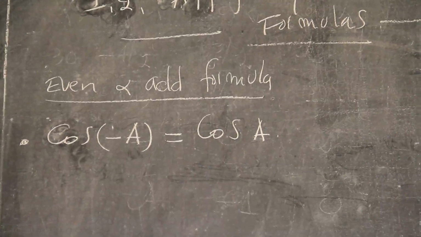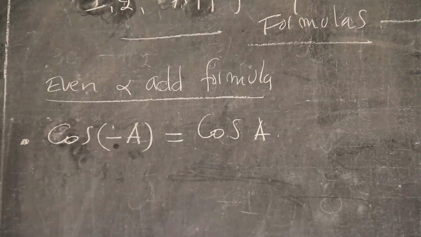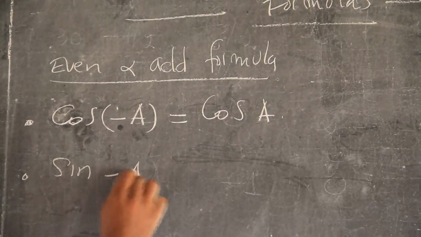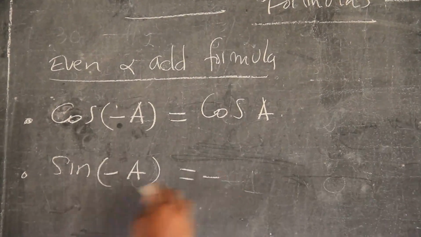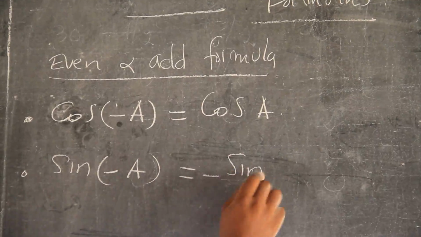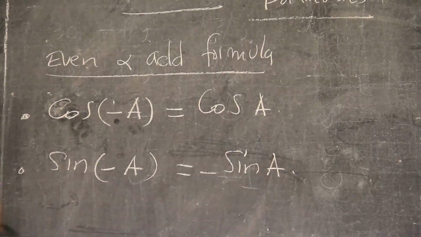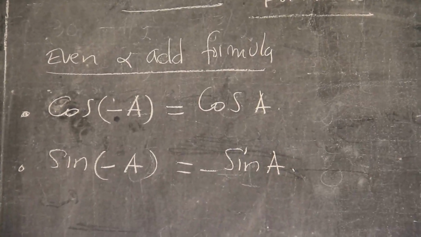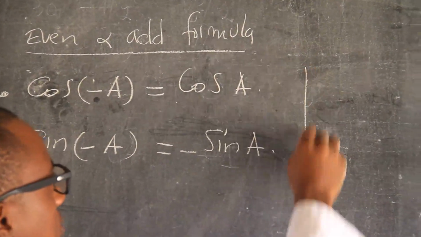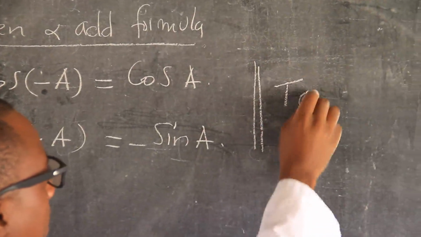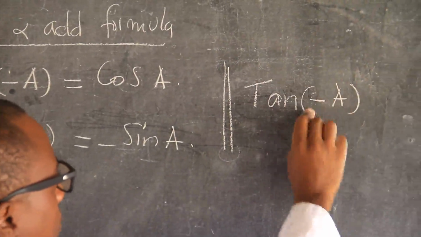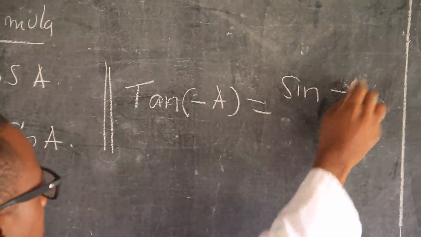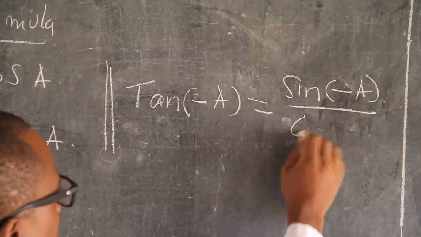So the negative for cos is nothing. For the sine of a negative angle, the negative comes out, to be minus sine A. So for tan, you take sine over cosine.